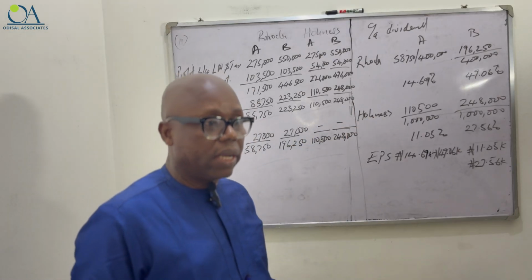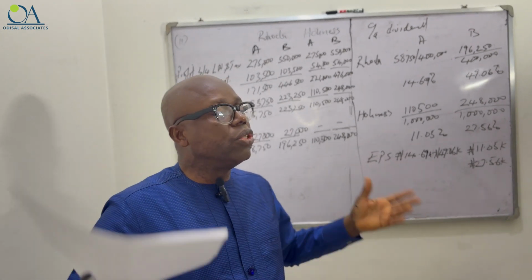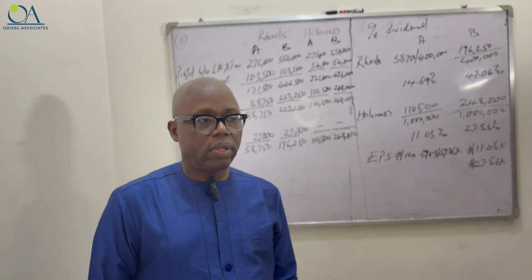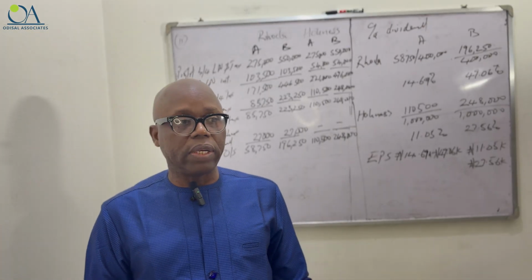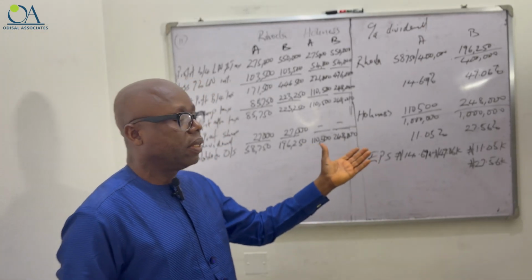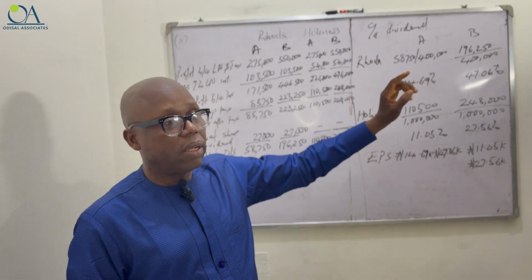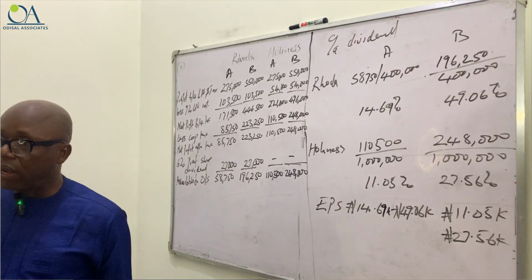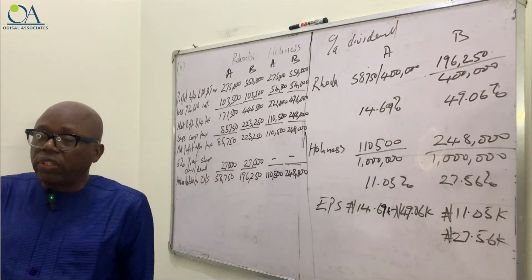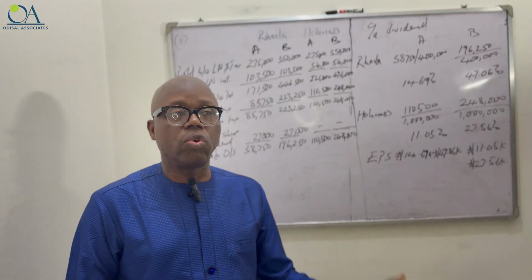So sometimes you might think that if you are using your own money alone to finance your business, that you make more money. But in this case, we have seen that it is when they geared higher that they made more money for the shareholders. So it does not actually mean that you must use your fund to run a business.